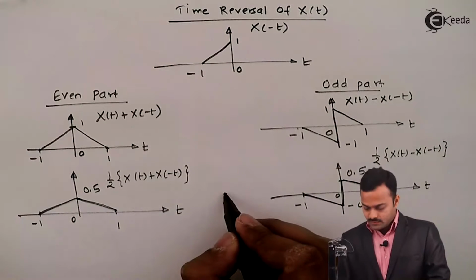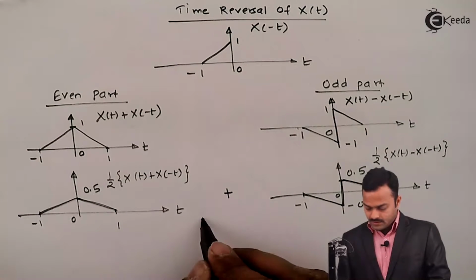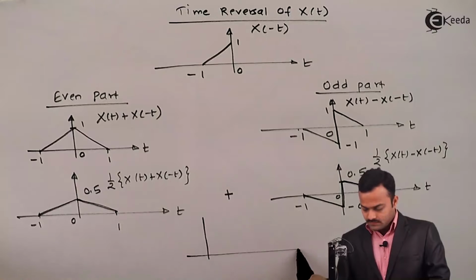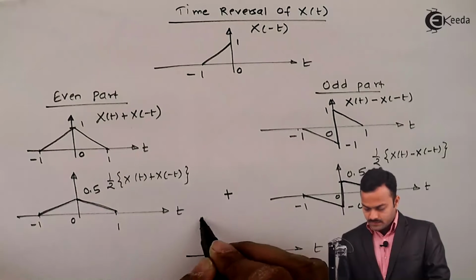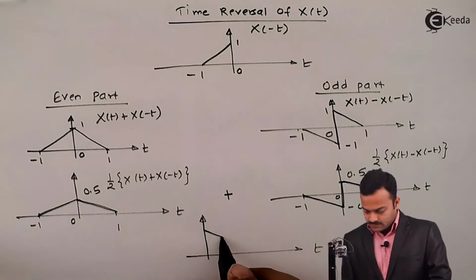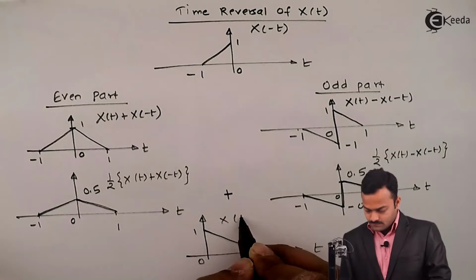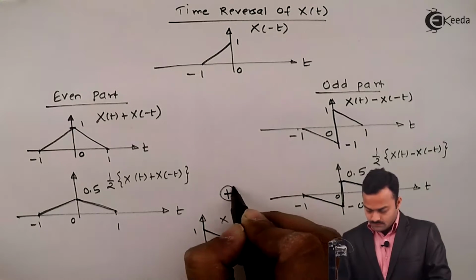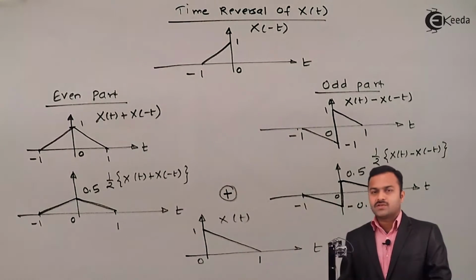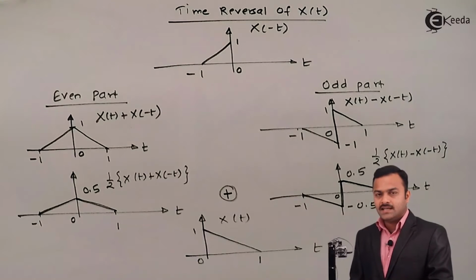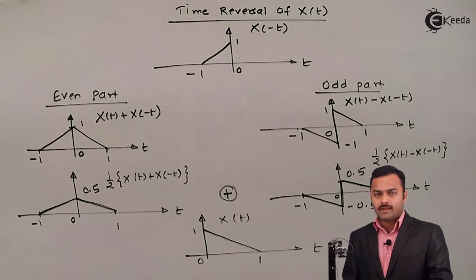So if I add these two signals, I will get the original signal x of t like this. So here we have seen from the equation how to plot x of t, and once x of t is known, how to get the even and odd parts. Thank you.